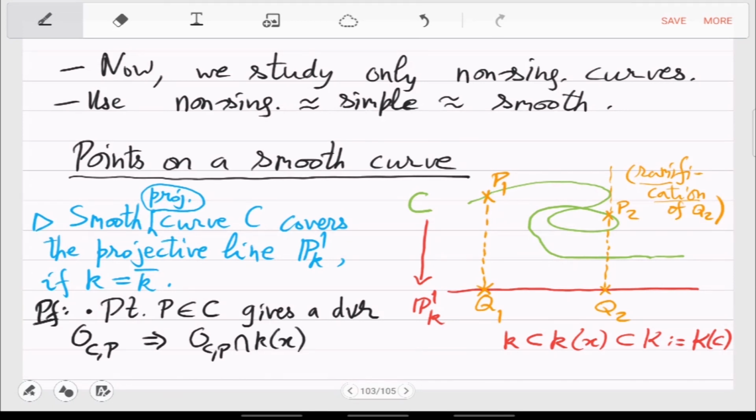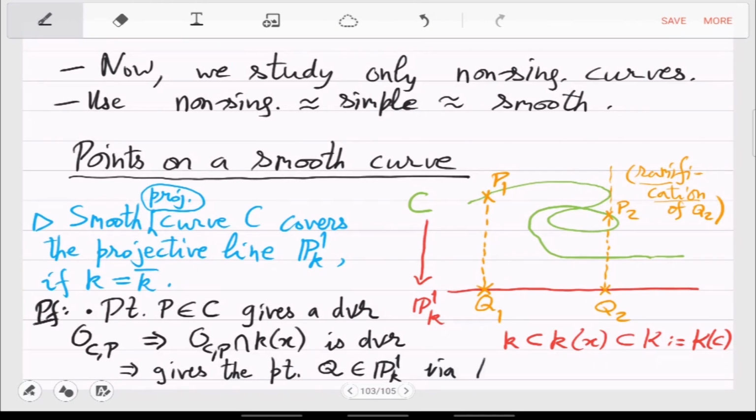This also is a DVR. It's a DVR in k(x) now, which gives you the unique point via the uniformizer.